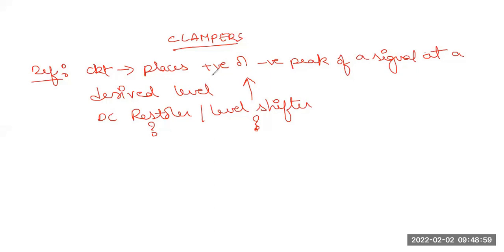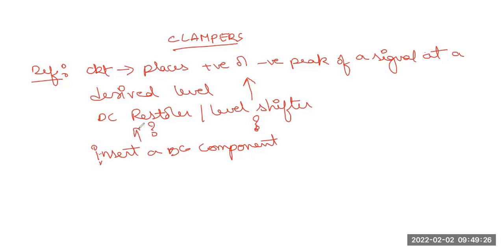In the process of shifting the peaks, positive peak or negative peak, the circuit is trying to insert a DC component, and because of this the circuit is called a DC restorer.